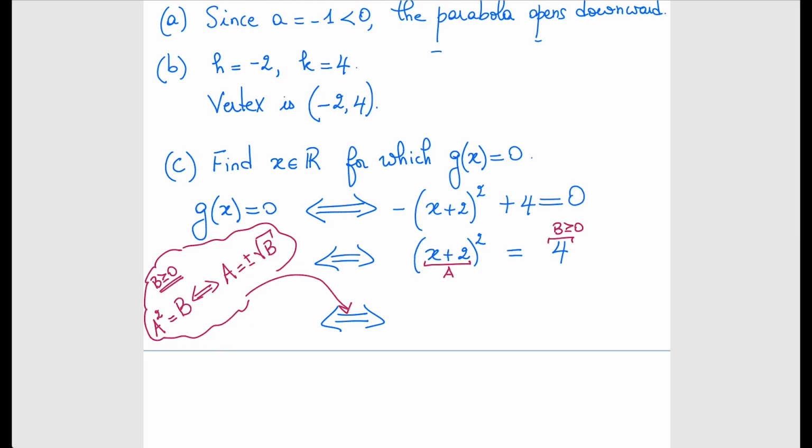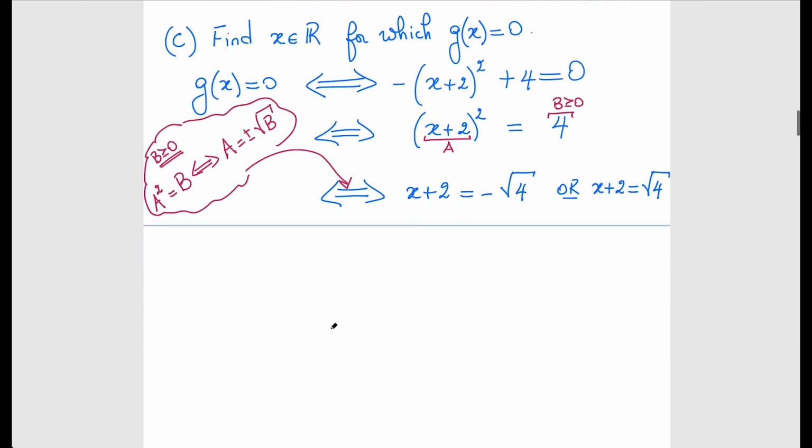As such, what do I obtain? I obtain that a is plus or minus the square root of b. So a, which is x plus 2, is equal to either minus the square root of b or plus the square root of b, so plus or minus the square root of 4 in this case.